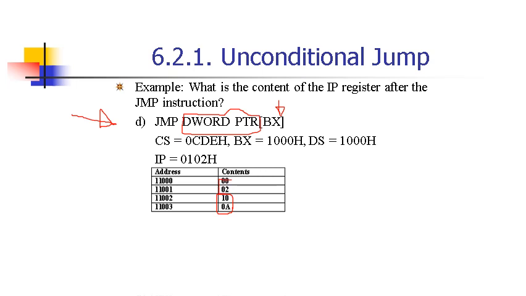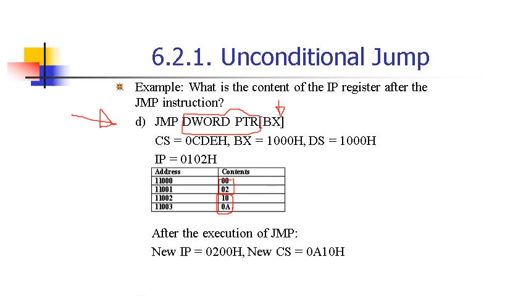And your new location to start executing at would be 0200, so you place 0200 inside your IP. So here are your new value of IP, which is 0200, and your new value of CS, which is 0A10. Good.